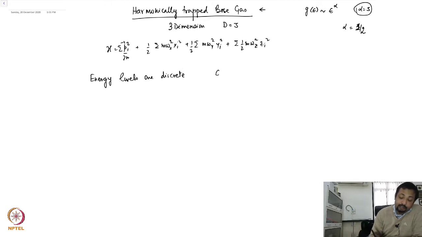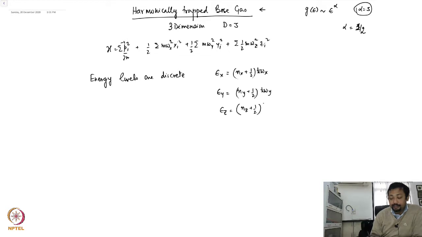so that we have epsilon x is nx plus half h bar omega x, epsilon y is ny plus half h bar omega y, and epsilon z is nz plus half h bar omega z. So that the total energy is now epsilon x plus epsilon y plus epsilon z.